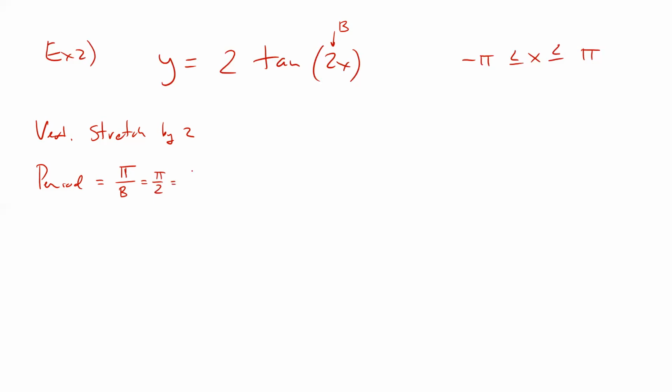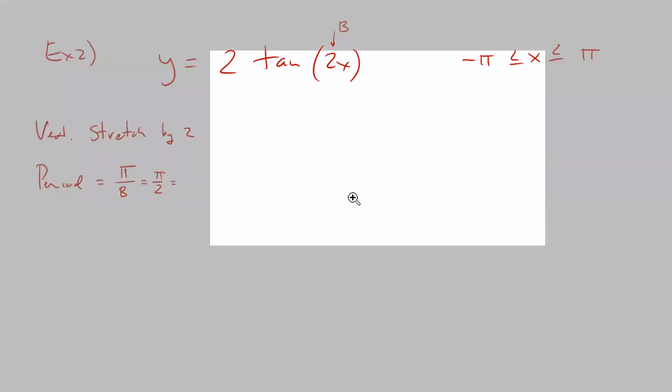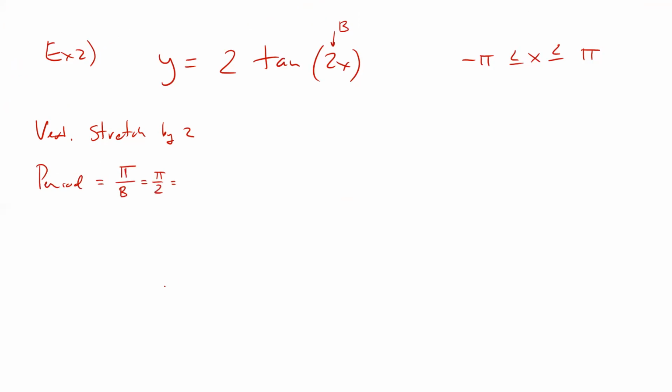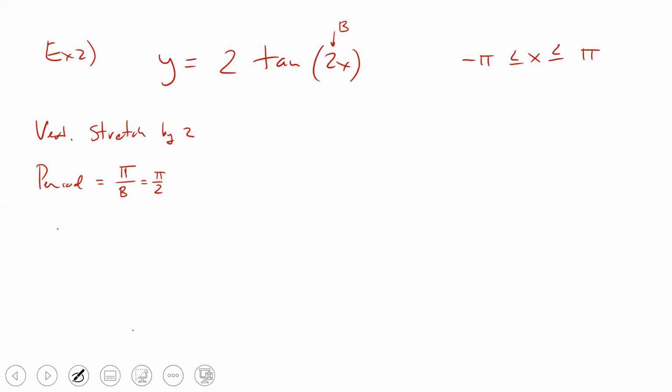Erase that real quickly here. Okay, pi over 2 is now what we have. So we'll go back real quickly here and then we'll put it all together.